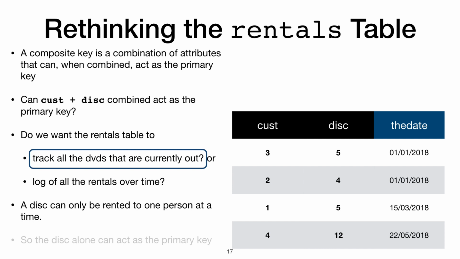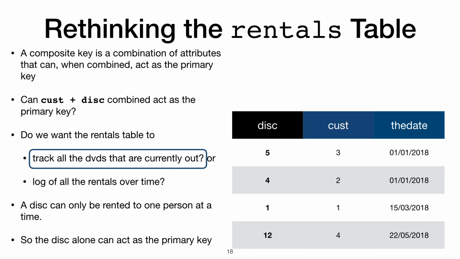So if the rentals table is just the list of the current rentals, well, in that case, because the disc can only be rented to one person at a time, the disc alone could act as the primary key. Because the same disc is never going to be rented twice at the same time.